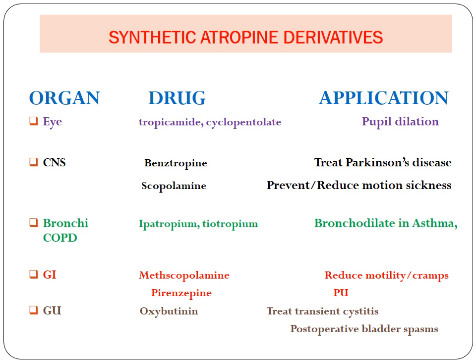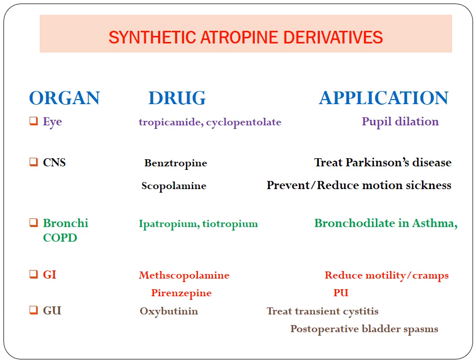Atropine has so many clinical indications, but because of the long duration of action and possible side effects, the synthetic derivatives of atropine nowadays are present with so many clinical indications.